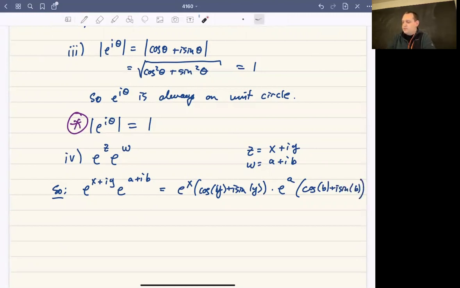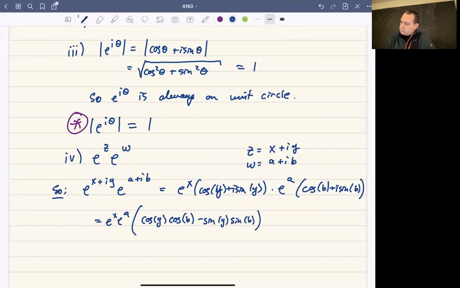And now these are values that we can just manipulate. So e to the x and e to the a are real numbers. And so what we can do is multiply everything, looking at the real and the imaginary parts together. We're going to end up with e to the a and e to the x, which we can factor out, and we get cosine of y times cosine of b minus sine of y sine of b, plus i.